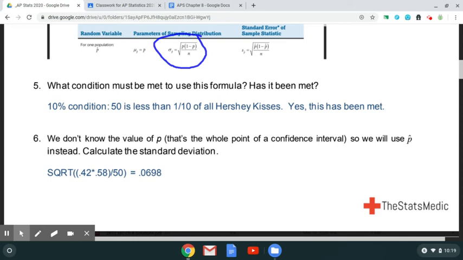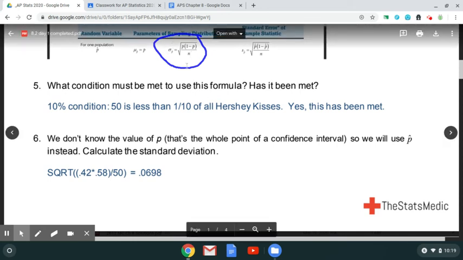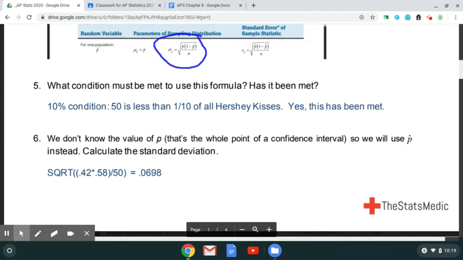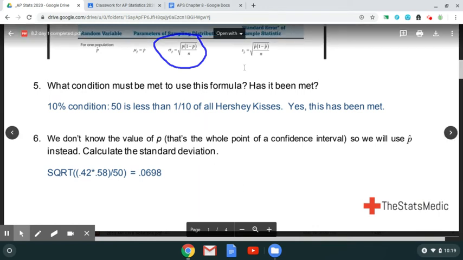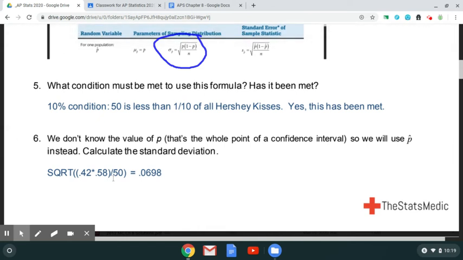So we have to use P hat instead of P. You can see right here in this formula, it says that we're supposed to use P and 1 minus P, but we won't know that because we don't have every single Hershey Kiss in the land. So we have to use P hat instead. By substituting in 0.42, because that was my P hat when I did my 50 Hershey Kisses, times 1 minus 0.42, divide that by 50, then take the square root.